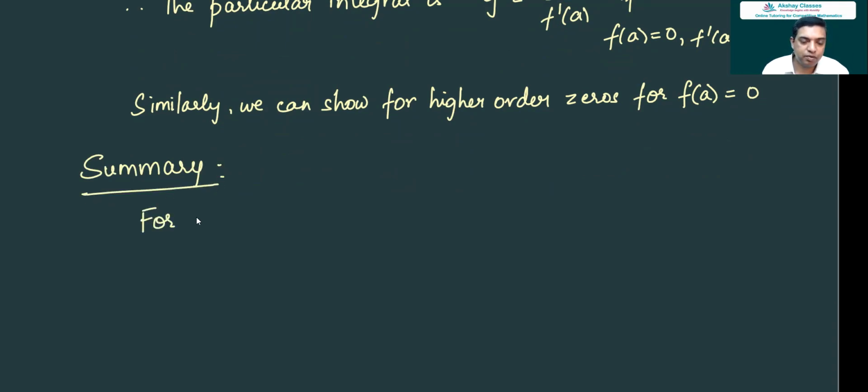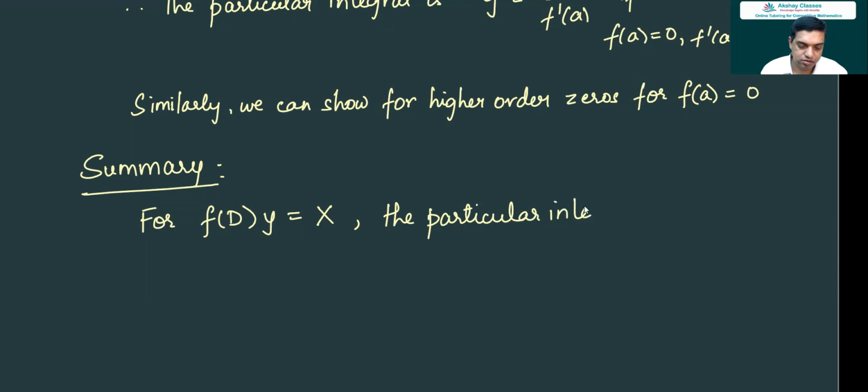For case 1, for f of d comma y is equal to x, the particular integral is y is equal to 1 by f of d times x.